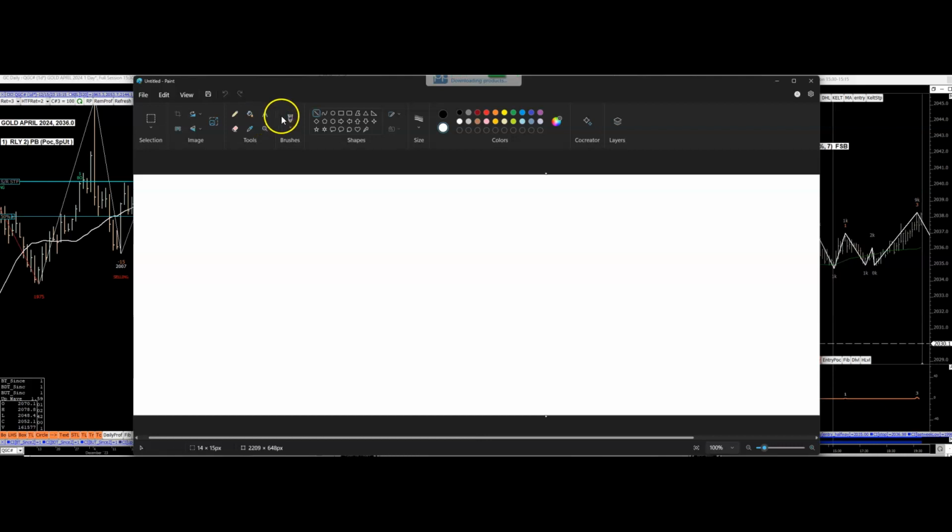But trading is not rigid. And how you know this is because every single trend in every market, in every time frame, is different one from the other. It's never exactly the same.